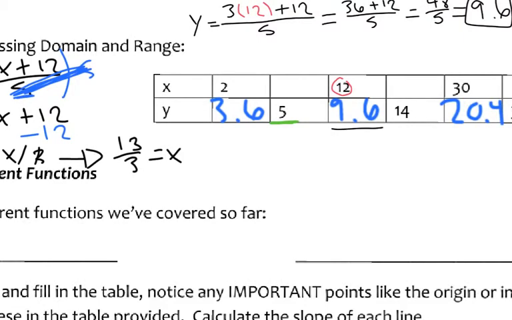So 13 over 3 as a decimal is 4.333, and it goes on forever. So this would be 4.3. And you would have to do that for each y value that you have.